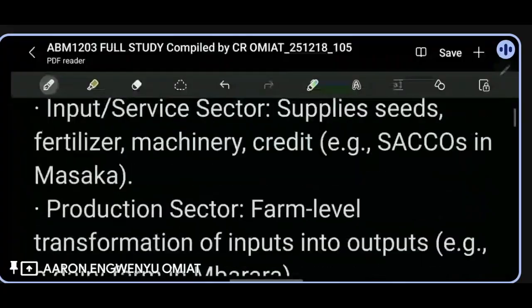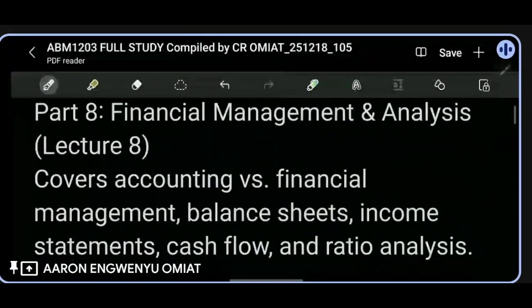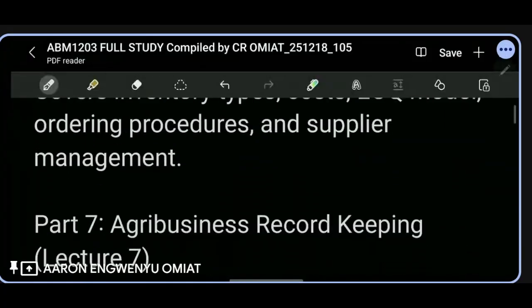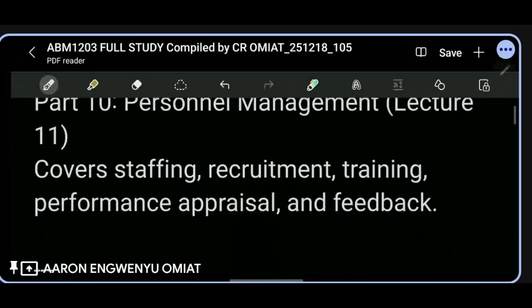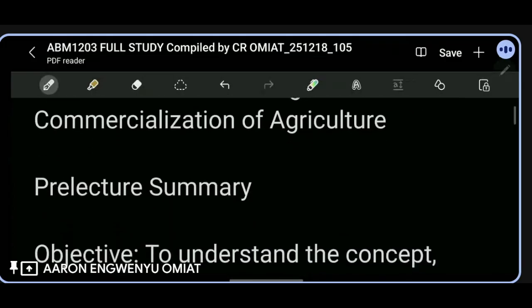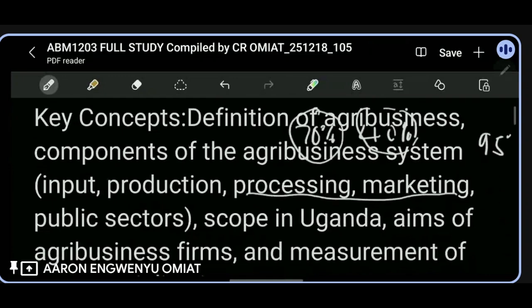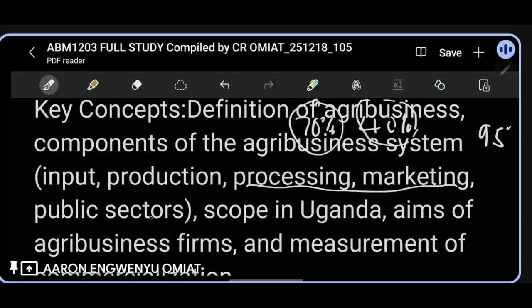Those who are growing for subsistence can come and adopt commercialization. And we looked at that agribusiness is broken down into the components of agribusiness system. We have input, production, processing, marketing, and public sectors. So not just input and production, which is the main one.